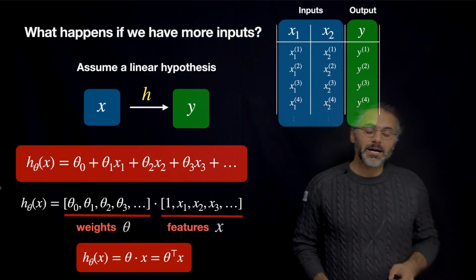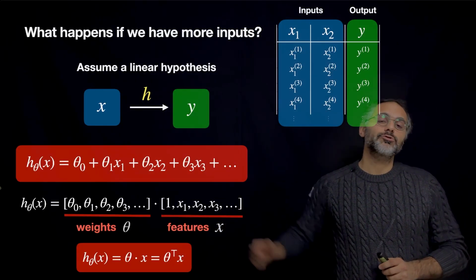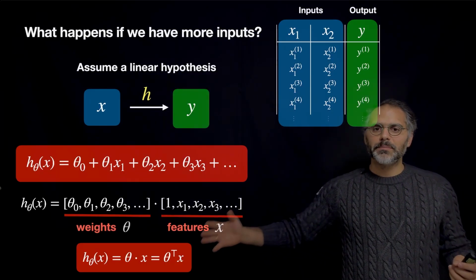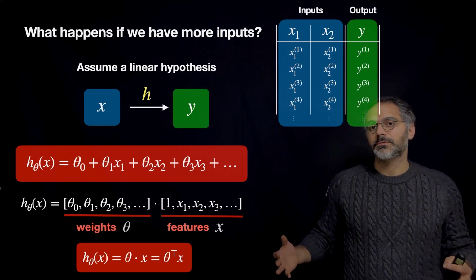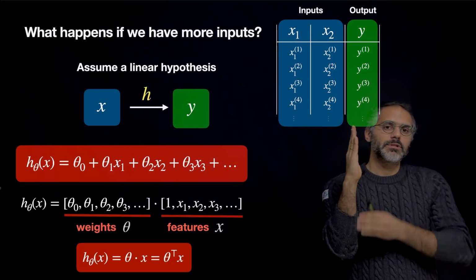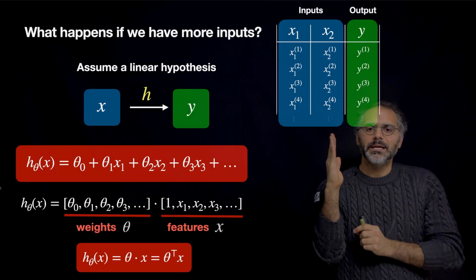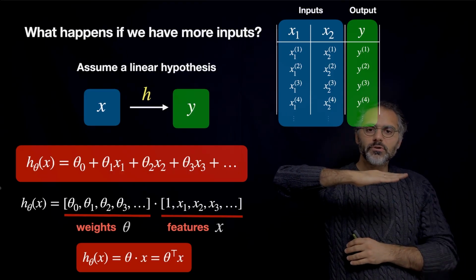Again, the hypothesis is theta dot x, or what's also written as theta transpose x. So this is a linear algebra notation. Remember that vectors in general are column vectors, which means that they have values stacked vertically. And theta transpose means that you turn it into a row vector.